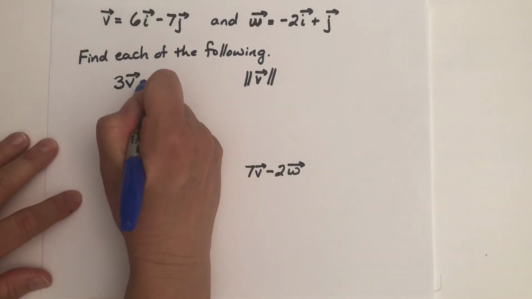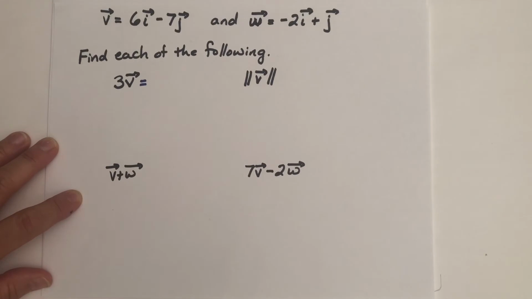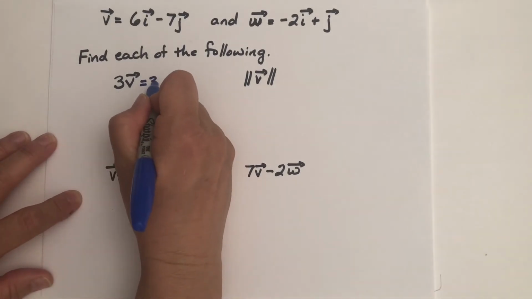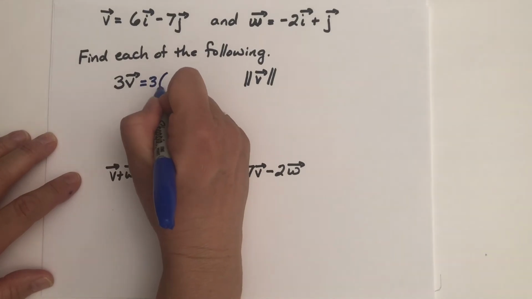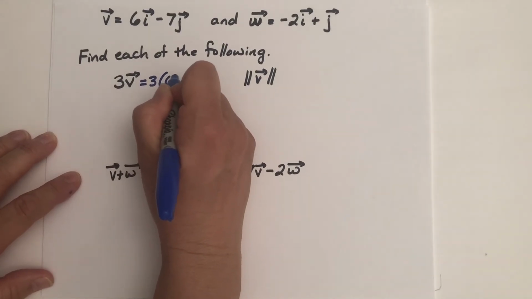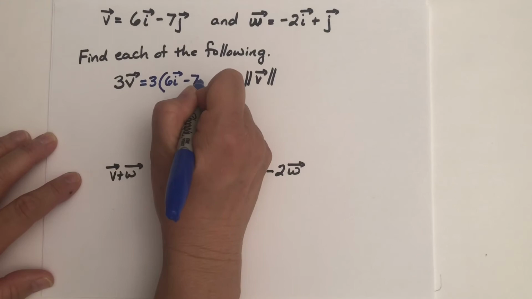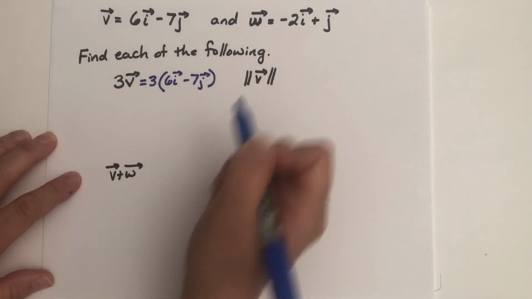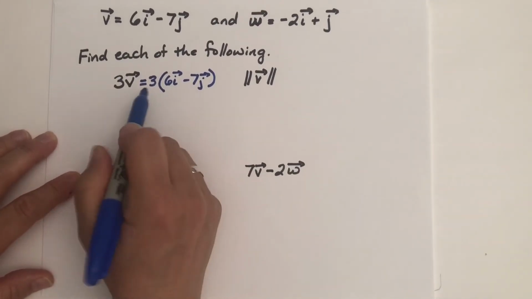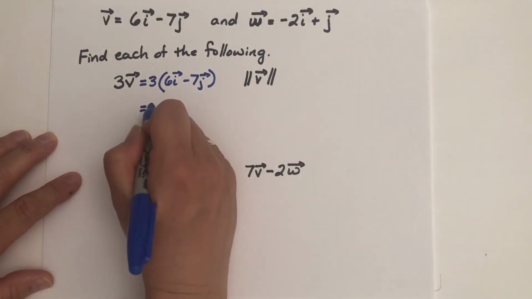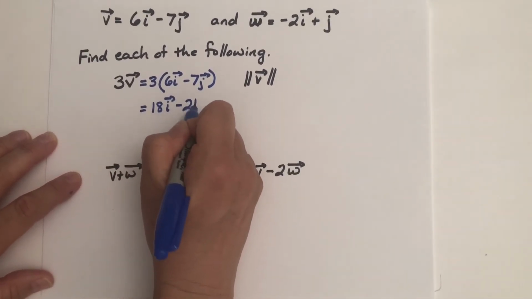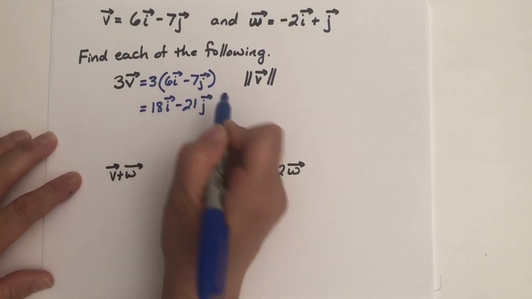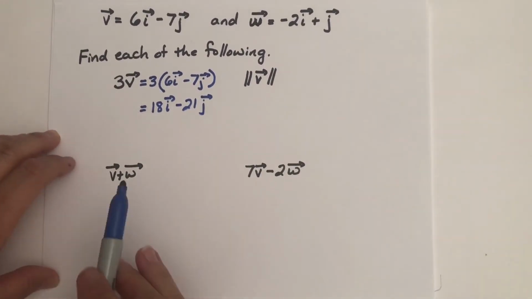We already know when you multiply a vector by a scalar, that scalar gets multiplied by each component. So this would be 3 times 6i minus 7j. So if we multiply 3 by each of those, we'll get 18i minus 21j. And notice I'm putting that vector symbol above the i and the j.